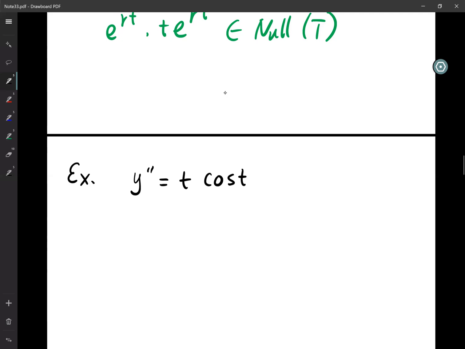But cosine t is obviously not exponential RT. Yes and no. Indeed, cosine t is not exponential RT, but it is the real part of the exponential IT. All I can think about is cosine t using the Euler formula.